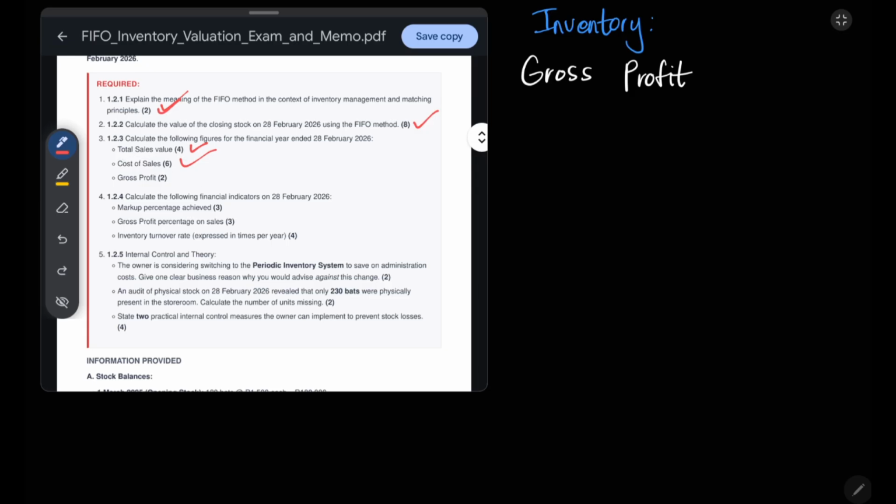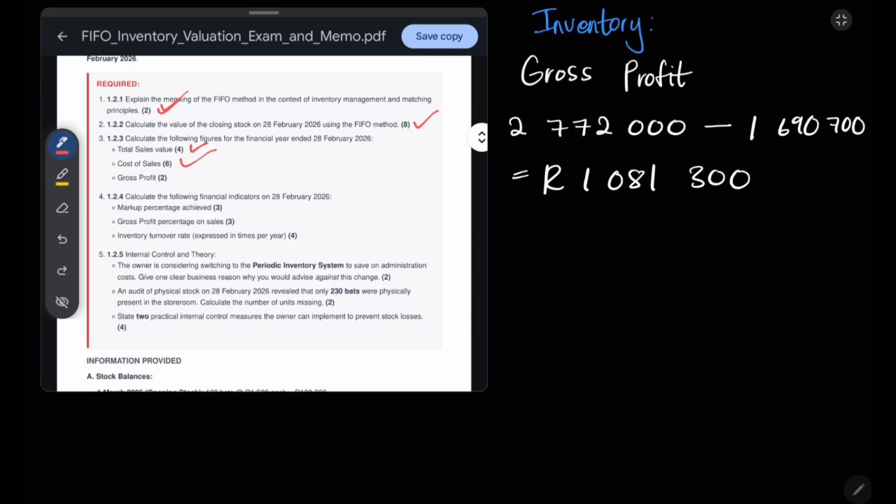That is the amount that we use. We said that our total sales value is 2,772,000 minus our cost of sales that we just calculated. It was 1,690,700. So your gross profit is 1,081,300. You might get 2 marks for this.